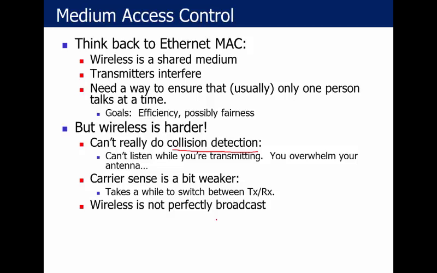And to do this collision avoidance, the key thing is carrier sense. Carrier sense is important. What is a carrier? Signal. The signal itself has some sense. But carrier sense is not always robust.